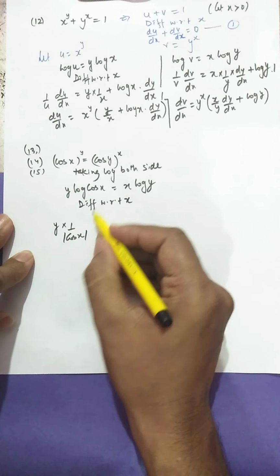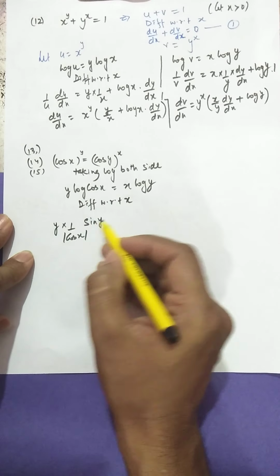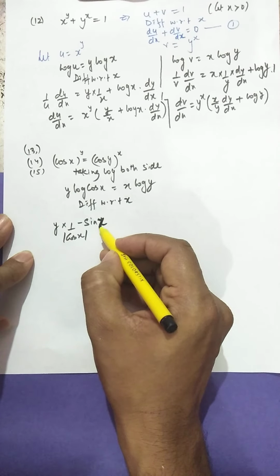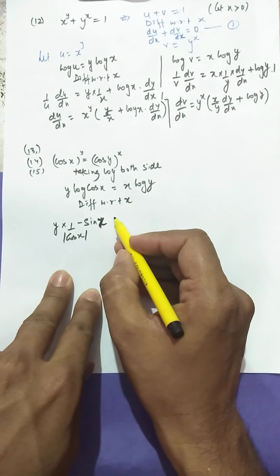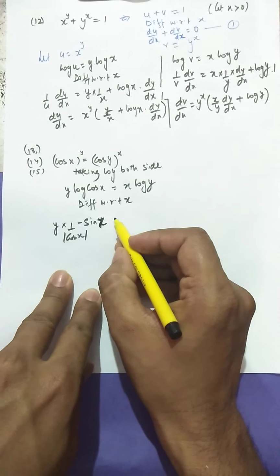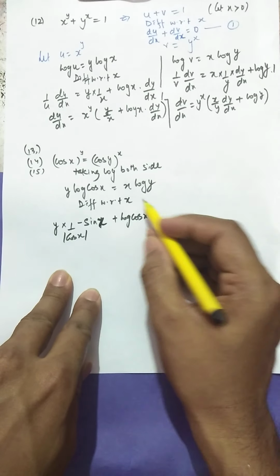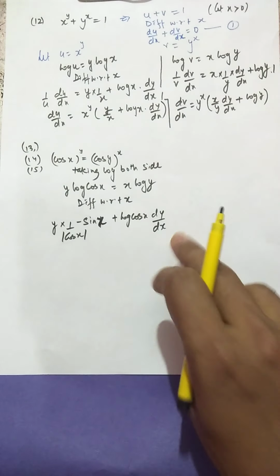This is cos x, and then cos x will be sin x, and this will be minus. So next one, this is done, and now you can take log cos x and differentiate y with respect to x, so dy by dx.